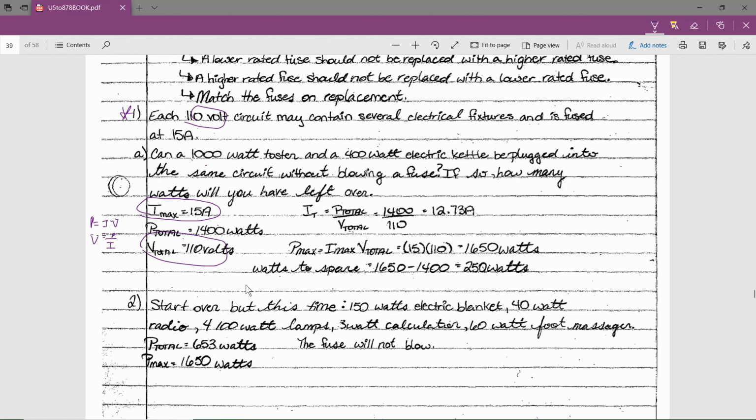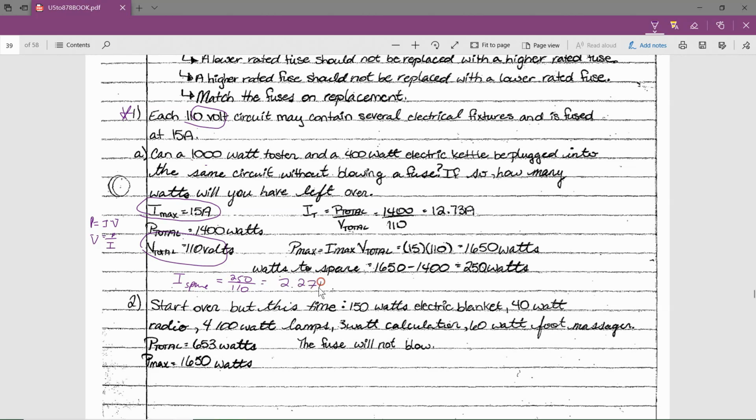The current I have to spare would be I to spare, which is going to be my leftover power, 250 divided by 110, which is going to be 2.27 amps.